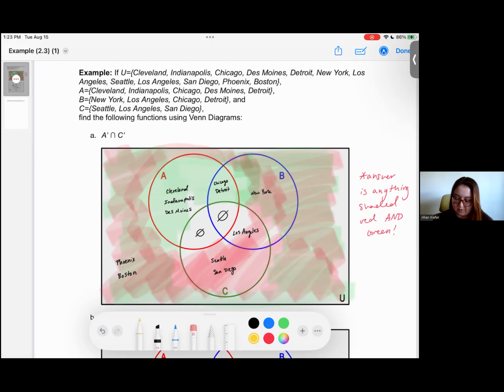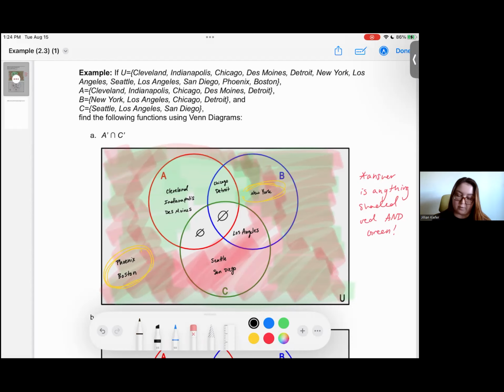So when we start identifying parts that are shaded in red and green, both, if we look at A, it's shaded green, and C, it's shaded red, so both of those don't count because they only have one shaded area. And then their intersections also don't count, but there's nothing there anyway. So the parts now we're looking at are Phoenix and Boston, and also New York. Those are the only elements that are shaded both red and green.